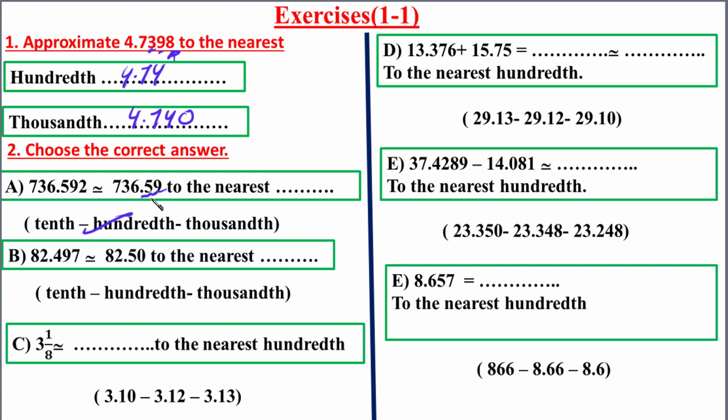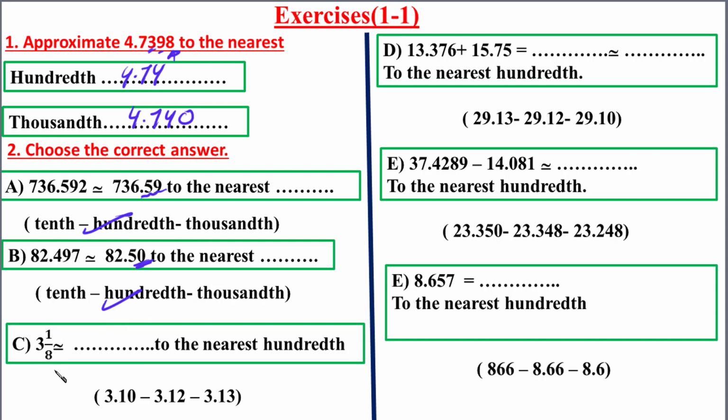But if we have three decimal places, the approximation will be to the nearest thousandth. If we have just one decimal place, the approximation will be to the nearest tenth. Number B, we have here two decimal places, so the approximation to the nearest what? Yes, to the nearest hundredth.